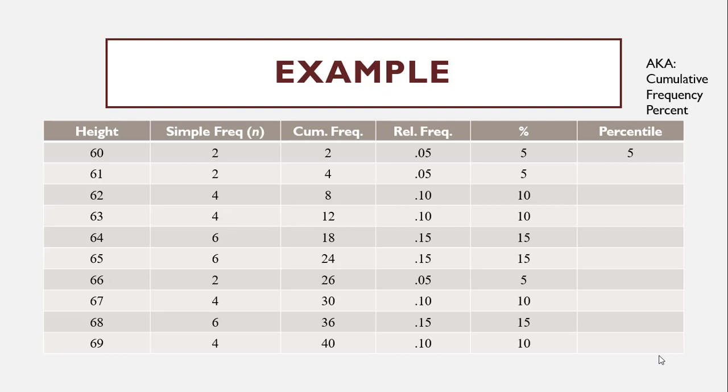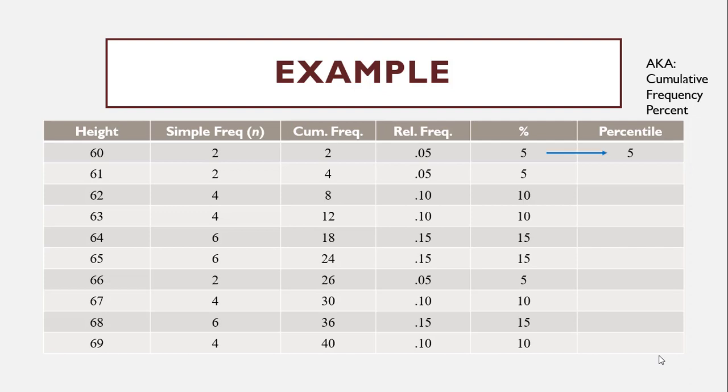So when we look at this, for the first score, in this case, the first height of 60 inches, 5% of individuals are at that score or below. Again, because nobody is below it, it equals the related percent. Because basically we're just adding 0 because nobody's below it.